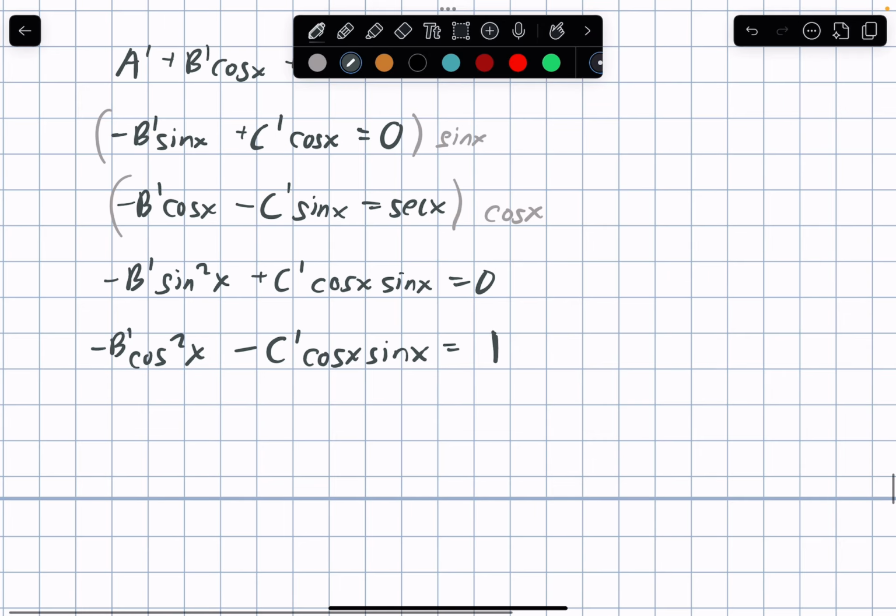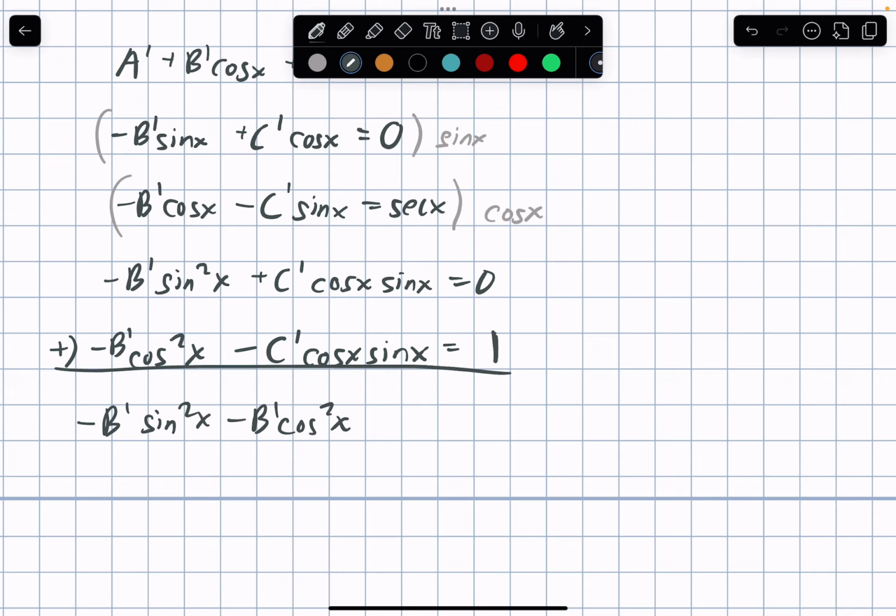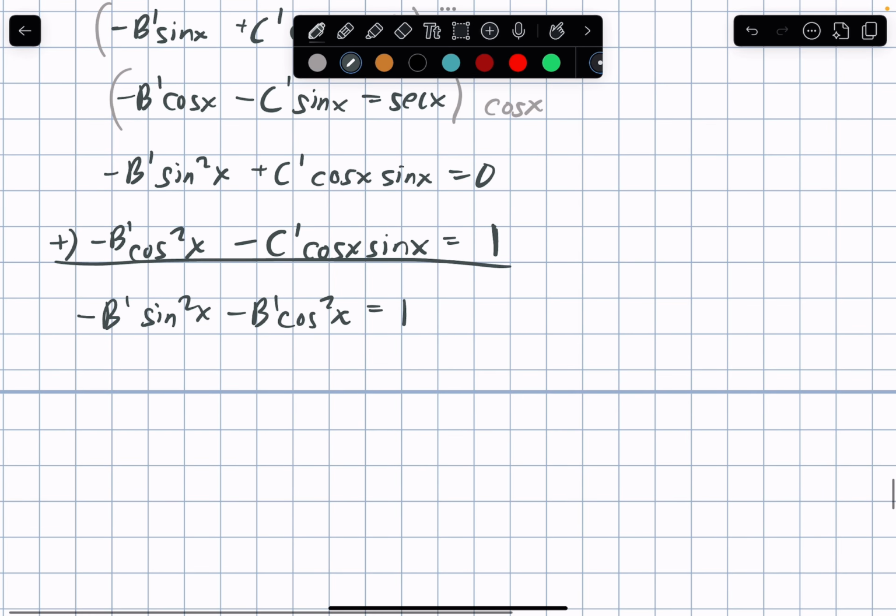So add everything. What you get is b prime sine squared x minus b prime cosine squared x. These cancel. That's exactly the point for elimination, no? You can factor out the negative sign, bring it to the other side.